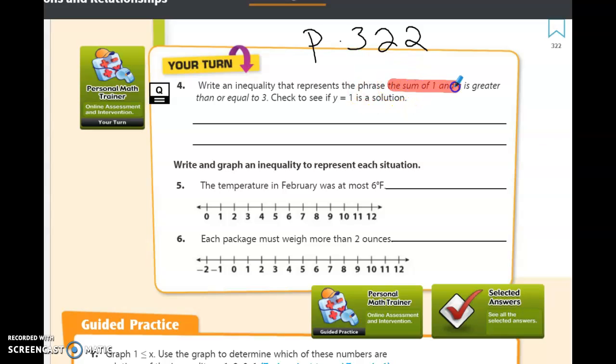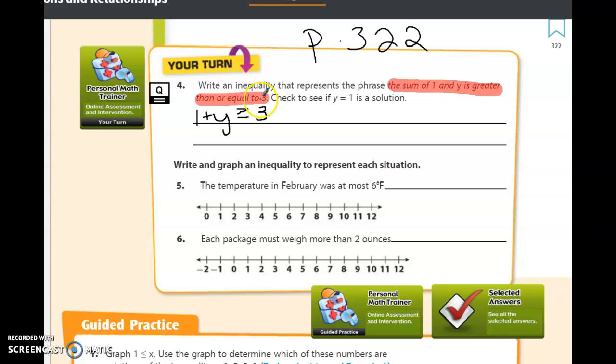All we have to do is write exactly what that said. So we say the sum of 1 and y, we would write 1 plus y, and that's going to be greater than or equal to 3. I literally just wrote down what I read.